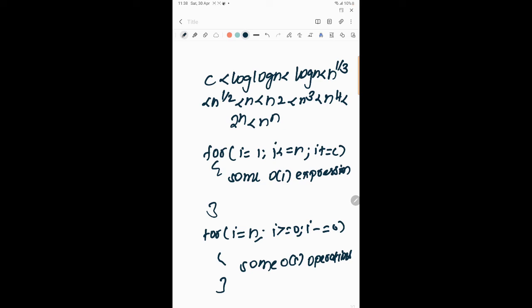The second one is similar, we start from n till 0 and decrement the counter variable by a constant. The time complexity of a function is considered O of 1 if it doesn't contain any loop, recursion, or call to any other non-constant time functions. So it would always take O of 1 units of time.